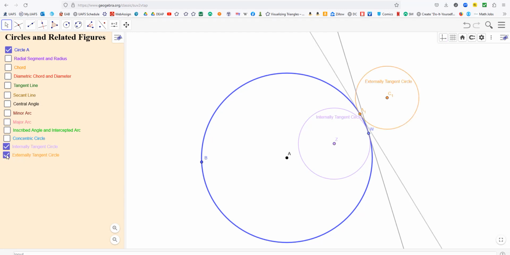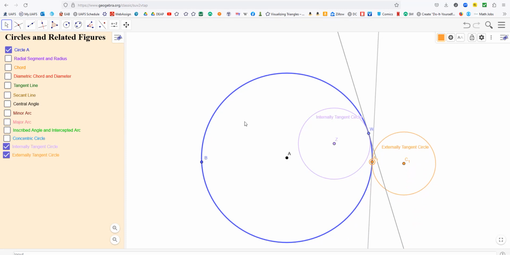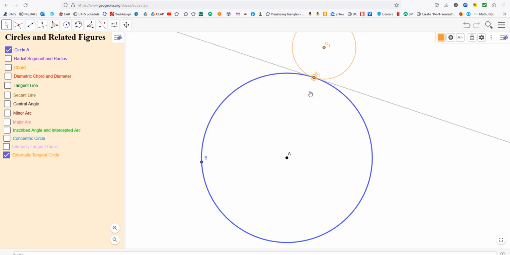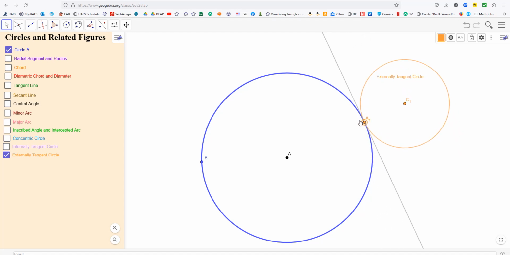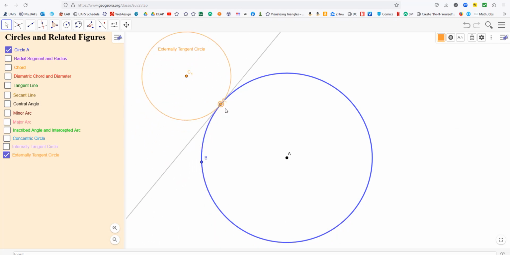These are externally tangent, could be at the same point or a different point. So the externally tangent ones, again, have a common tangent line, but the interior of this circle out here and the interior of this circle don't have any points in common. So the circles have exactly one point in common, and they have a common tangent line.